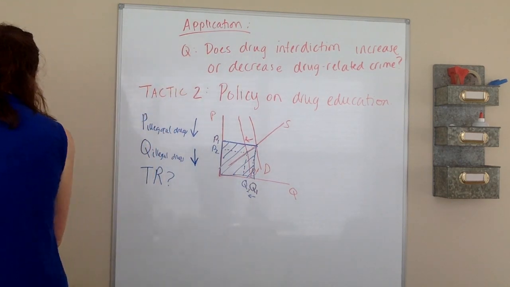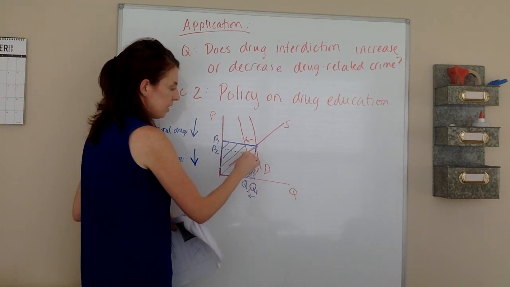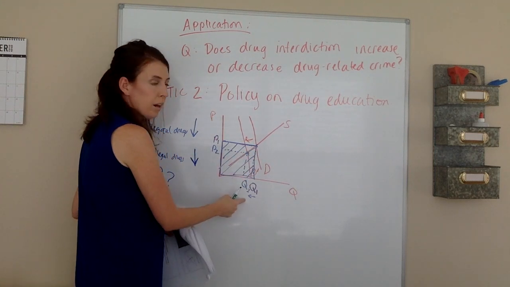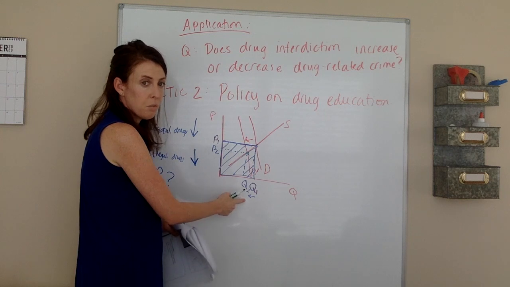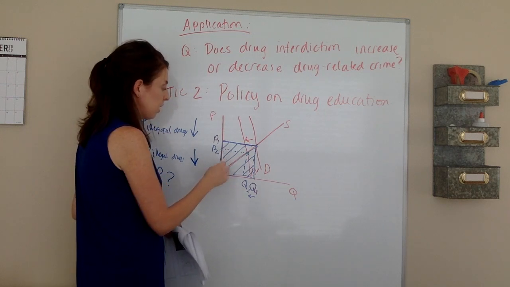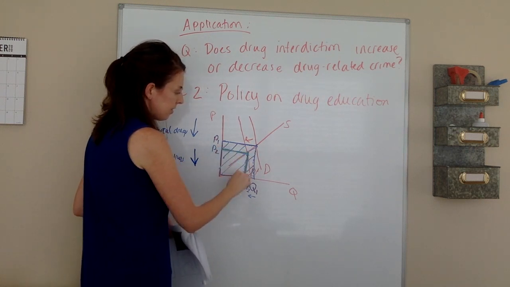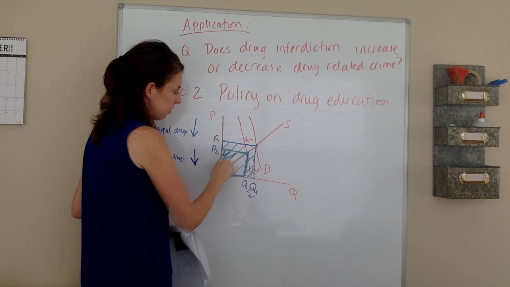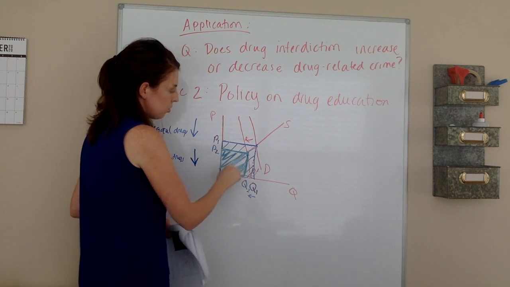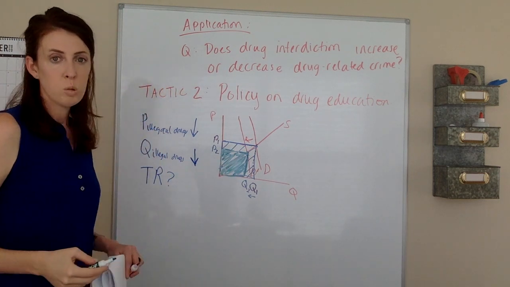The education initiative pushed the equilibrium down to the southwest. Since both the price and the quantity fell, and total revenue is a product of price and quantity, if they're both lower, then total revenue is necessarily going to fall. So this new rectangle that's sitting inside the blue rectangle is going to be the new total revenue for drug dealers, and it is necessarily smaller than it was before.